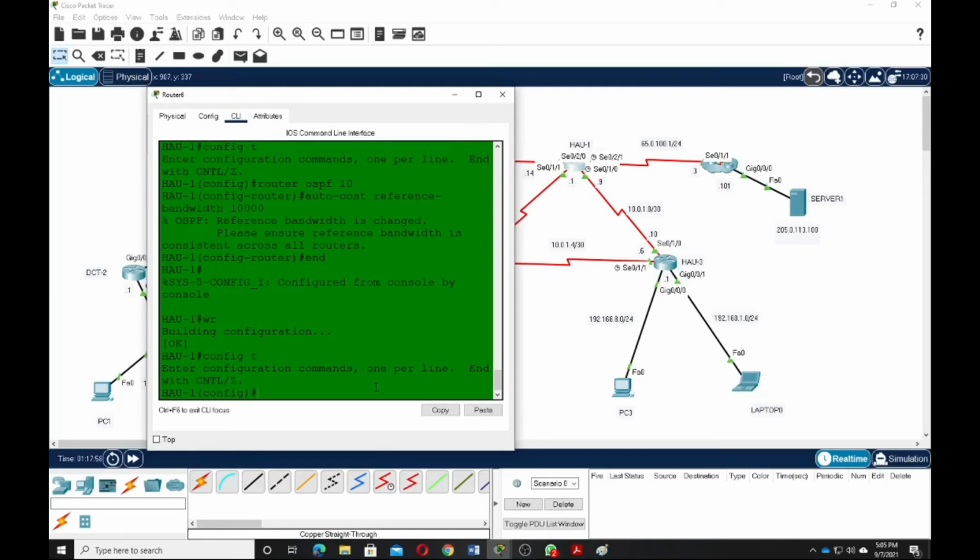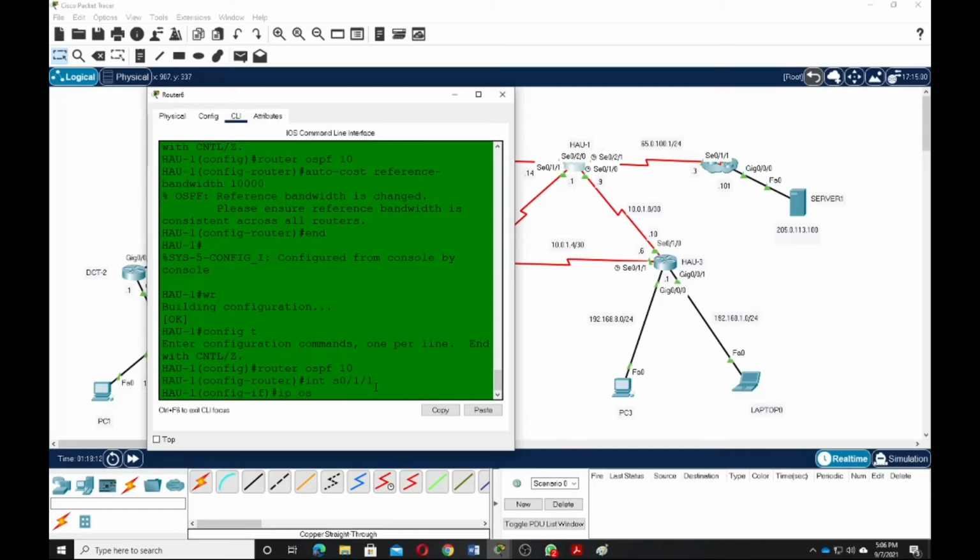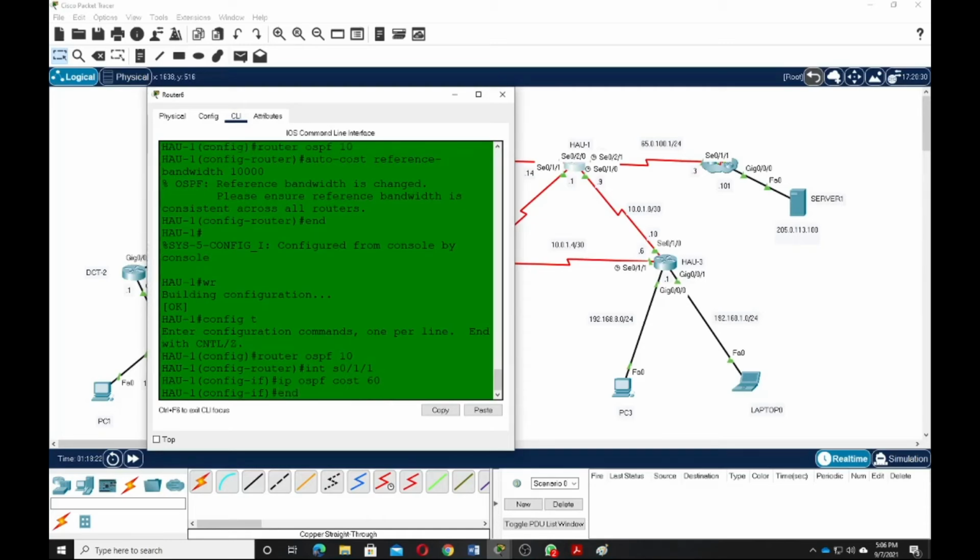Config t, router OSPF 10, interface serial 0/1/1, IP OSPF cost value is 60. Okay, so end.